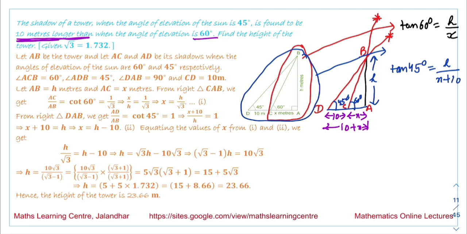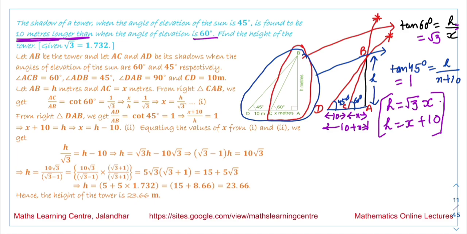The value of tan 60 is square root 3, and the value of tan 45 is 1. So we have two equations. One is h is equal to square root 3 x and the second is h is equal to x plus 10. Now we have to solve these two equations. If we equate both these values, we get root 3 x is equal to x plus 10.